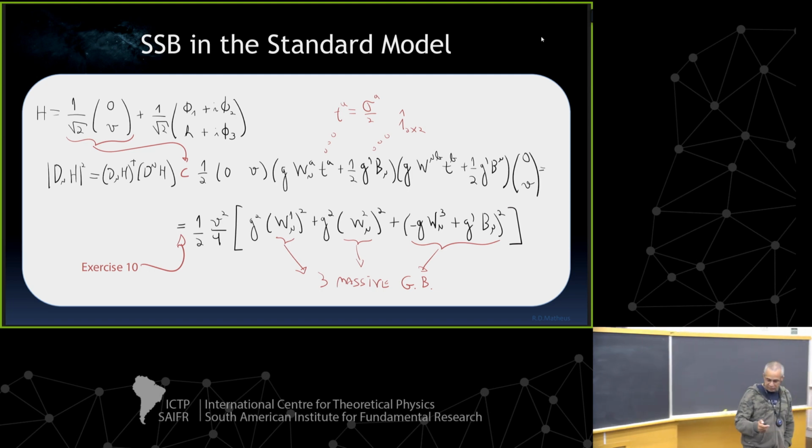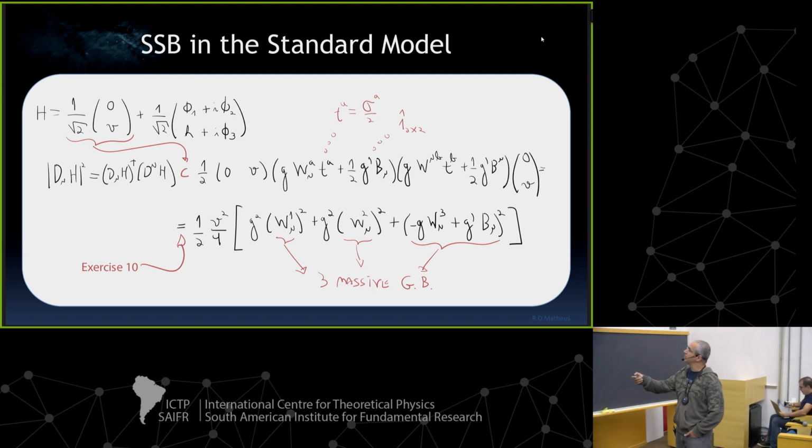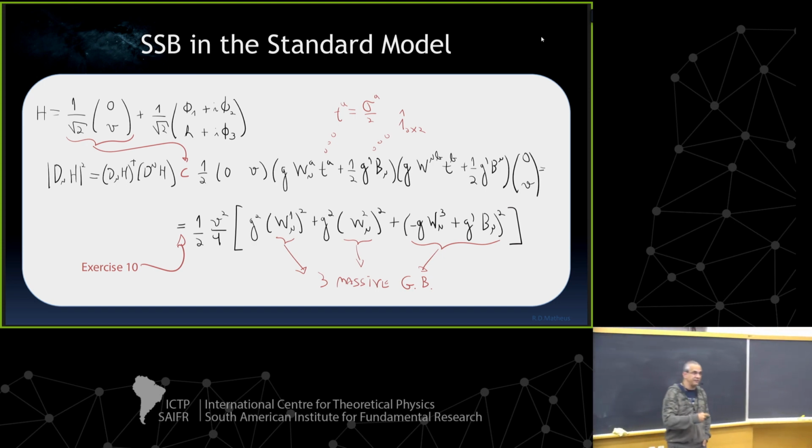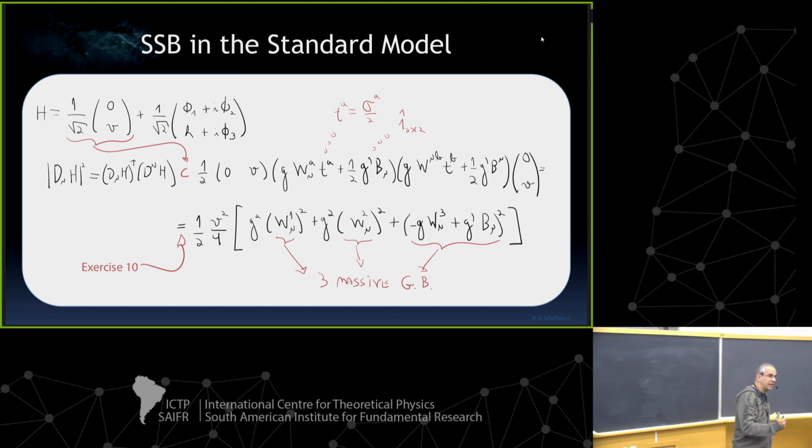You can substitute that vacuum expectation value in the covariant derivative for the Higgs and get this result, where you have 3 massive gauge bosons, and since you had 4 at the start, that means that there's one that is left massless, which we'll try to identify with the photon today.